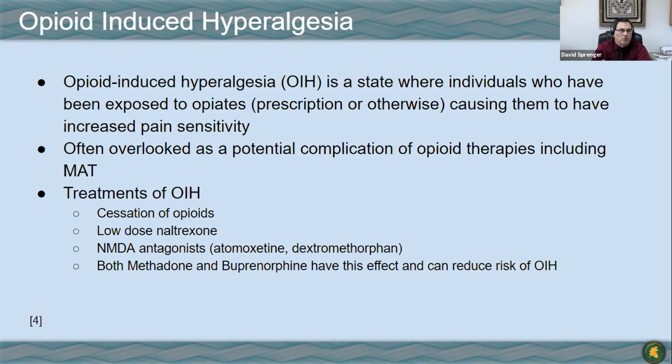So like pressure, they may experience pressure as being painful. And this is a very overlooked complication of opioid therapy, and something that really needs to be looked out for.